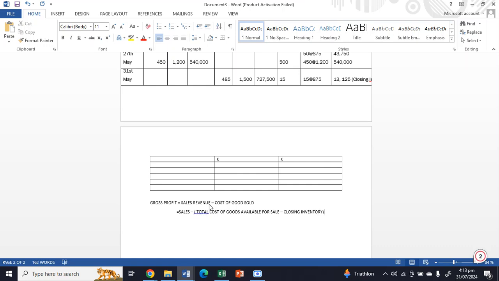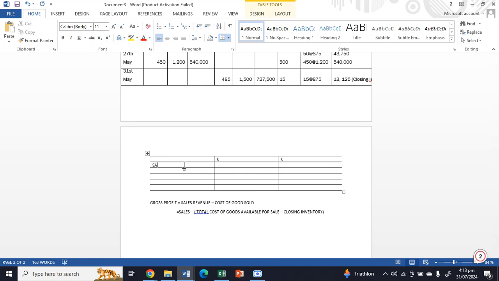We're deducting closing inventory because you cannot make profit out of goods that you haven't sold. So this total cost of goods available for sale is when you add purchases and opening inventory. So we make our trading account.